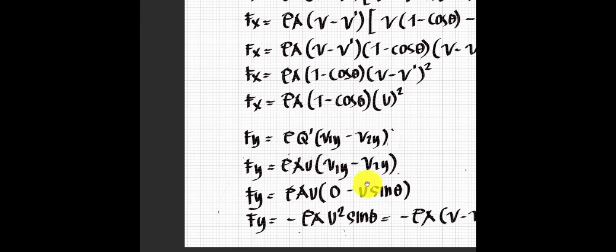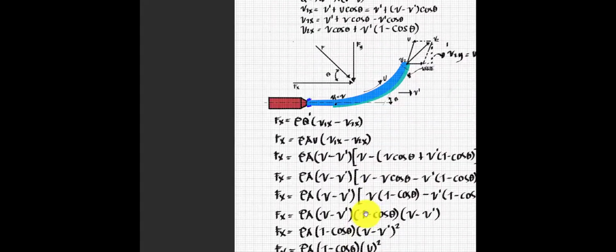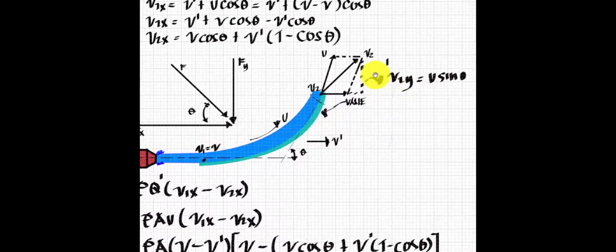Now, minus v2y. Going back to the figure, v2y is this. Here we have the relative velocity of the vane, which we call the hypotenuse. We can transfer that here. So we get the velocity v2y equal to the relative velocity times the sine of theta.